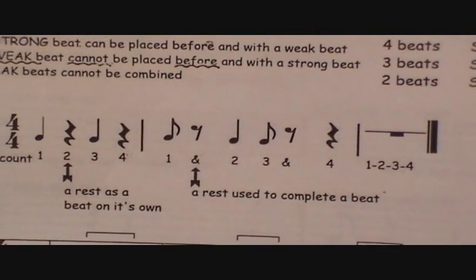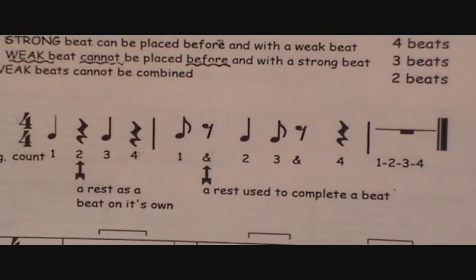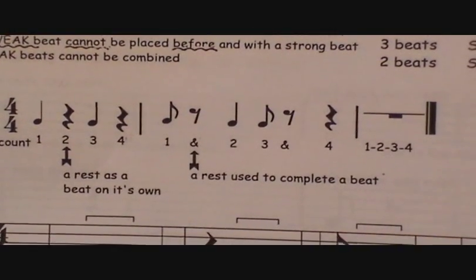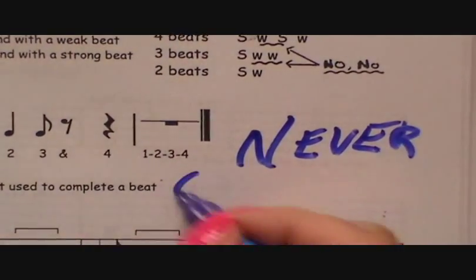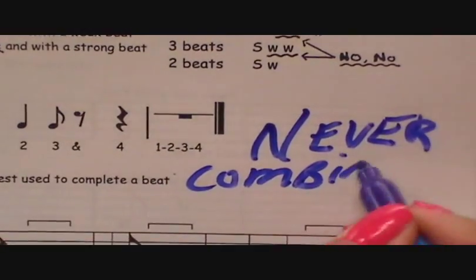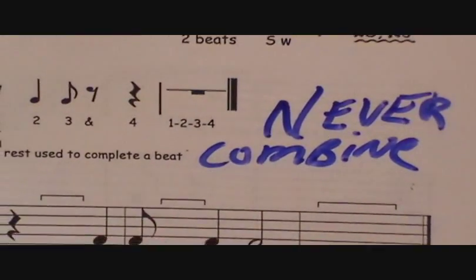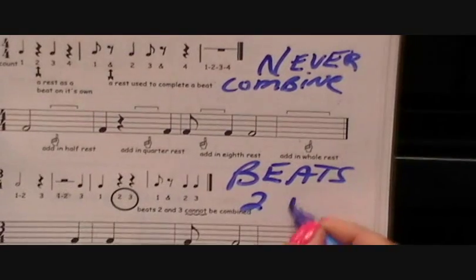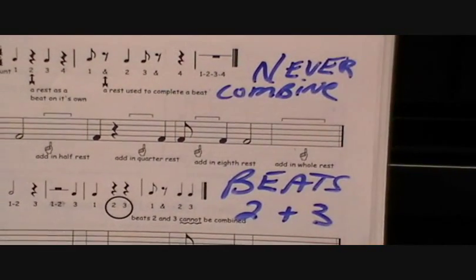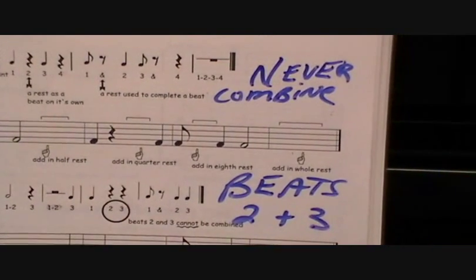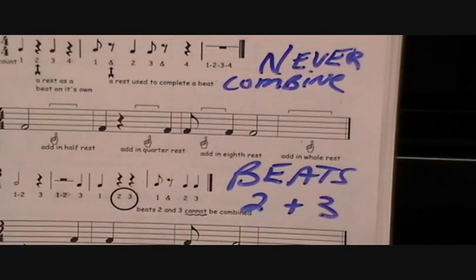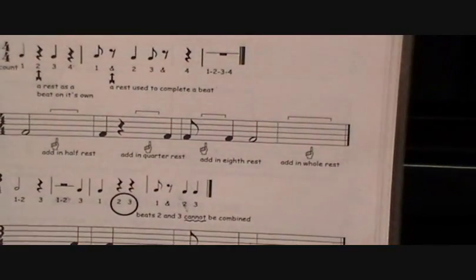Now, the thing you want to remember is if the strong don't carry the weak, we need to leave them by themselves. And what I tell students is never combine beats 2 and 3. Okay? Never combine beats 2 and 3. If we remember that, that will take care of the weak carrying the strong, which would never happen. You cannot do that. The strong can only carry the weak. Okay, and we're going to show you more of that in a second.